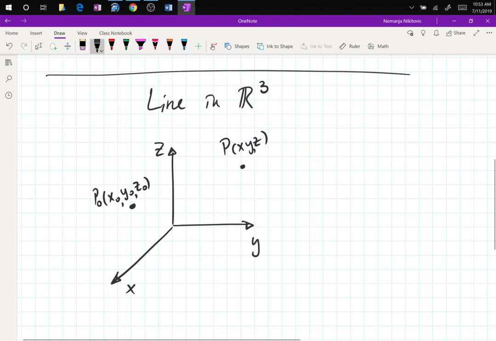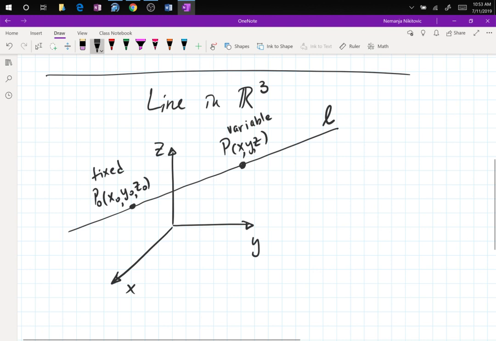That's the one that you are allowing to move. So this is called a fixed point, and this is the variable point because it can go along. So now you can strike the line through these 2 points, and we'll call this the line L. So all you need in space are 2 points, and you're done.